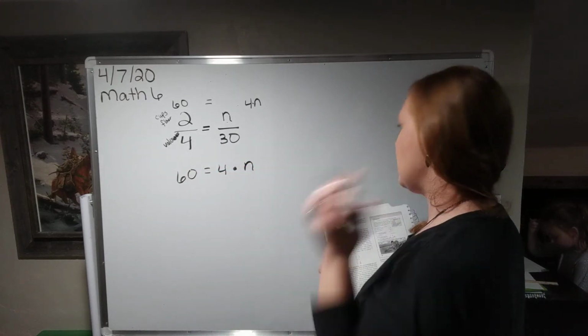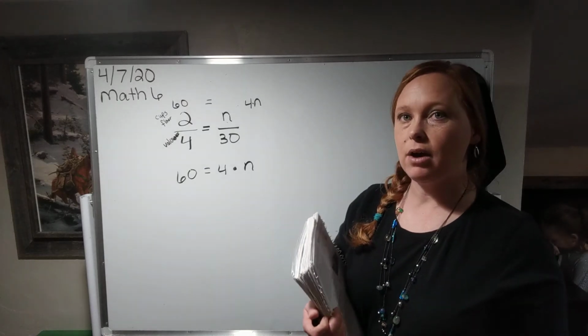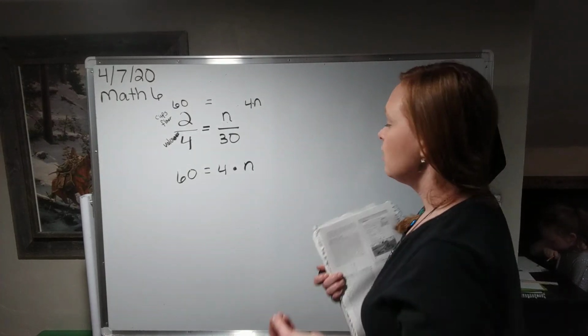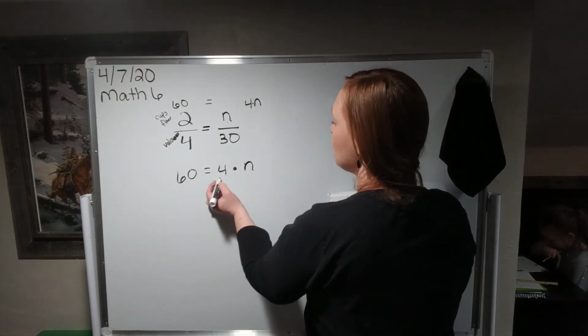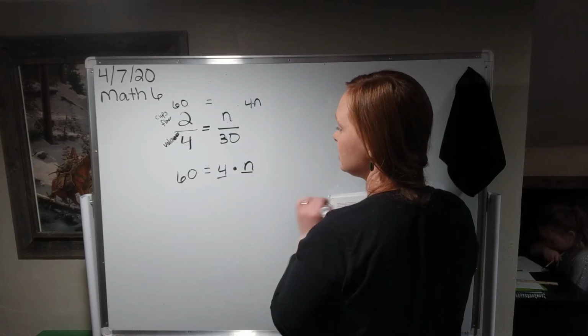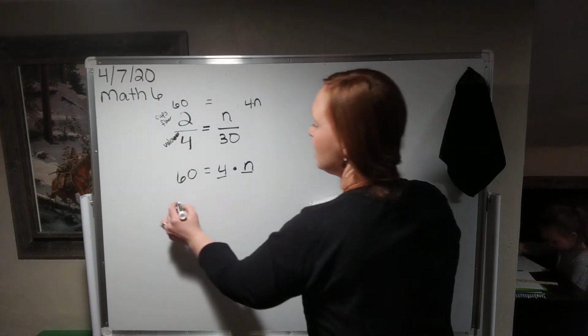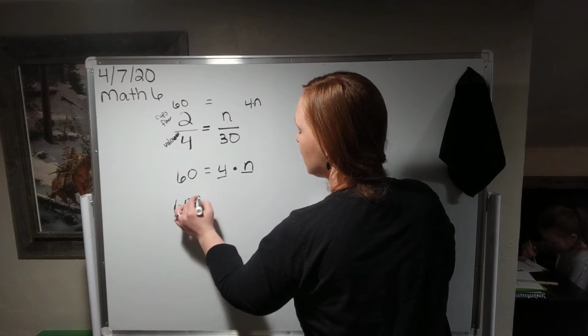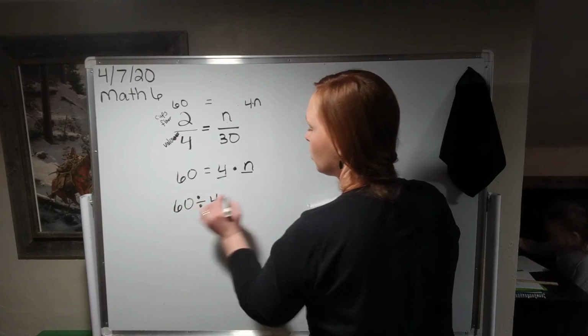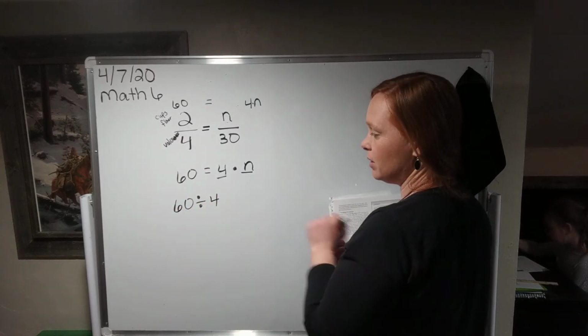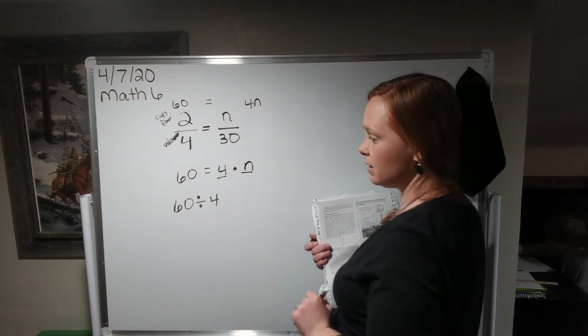Okay, now if we're thinking about math fact families, then we would say that 4 times n is the same thing. We can find n by saying what? 60 divided by 4 will give us n, because n times 4 equals 60.